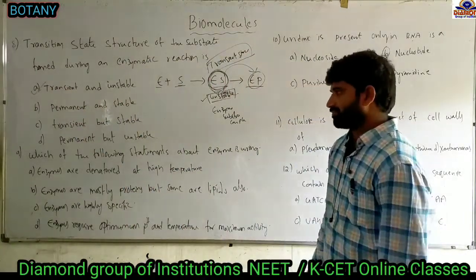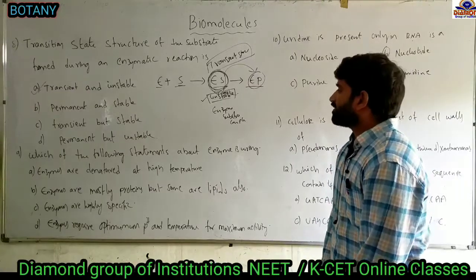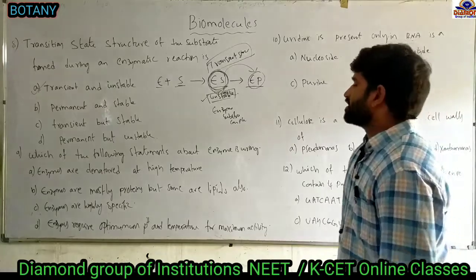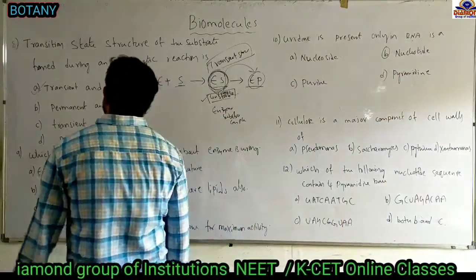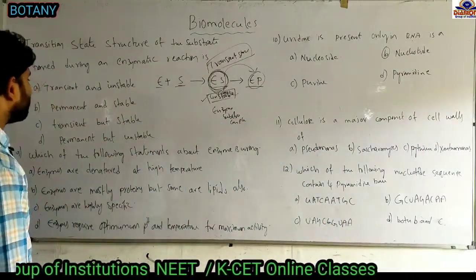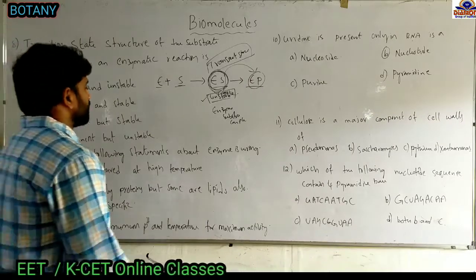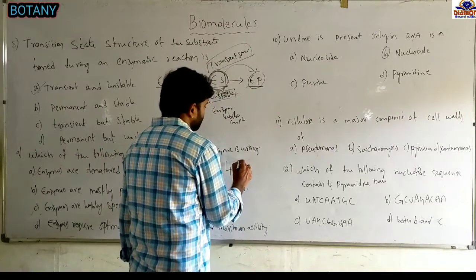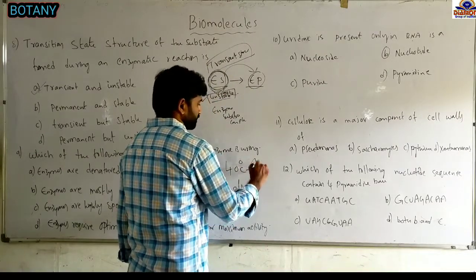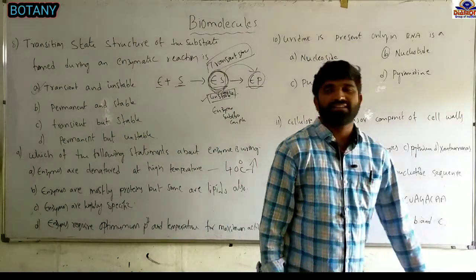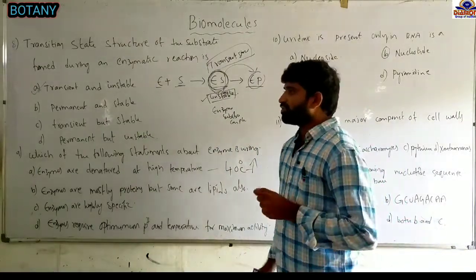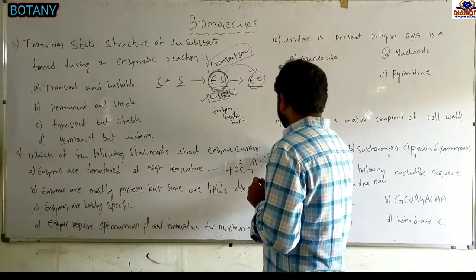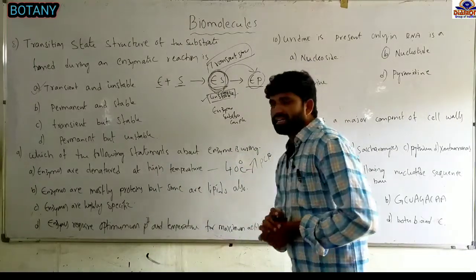Answer is A. And the next question, which of the following statements about enzyme is wrong? Option A, enzymes are denatured at a high temperature. Yes, enzymes are denatured at high temperature. Normally, enzymes are denatured above 40 degrees. Some enzymes are exceptions. Those are the enzymes involved in the PCR technique, polymerase chain reaction.